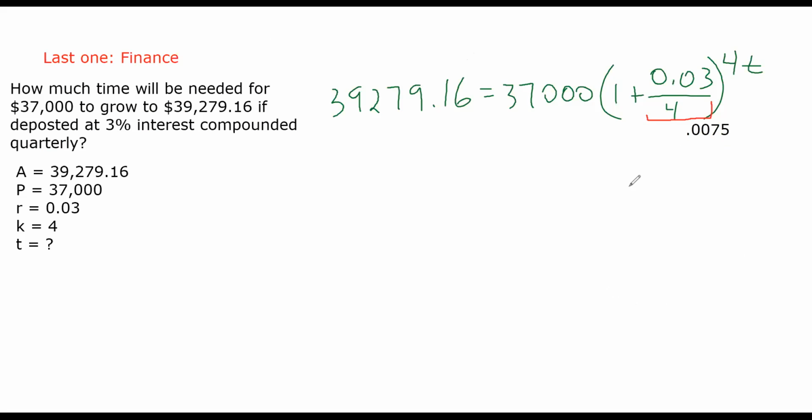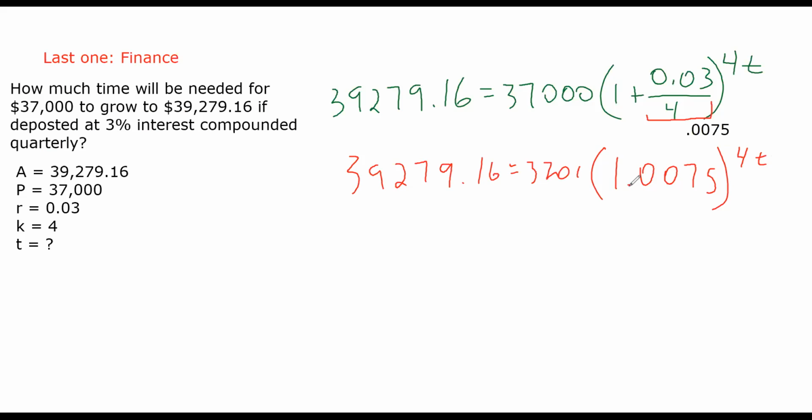So now this inside, if I add that to 1, is going to be 1.0075 to the 4t. I have everything else around it. $39,279.16 equals 37,000.